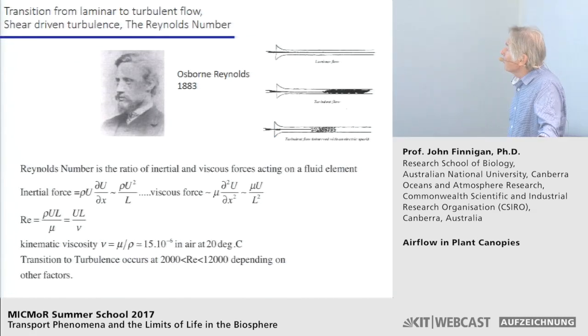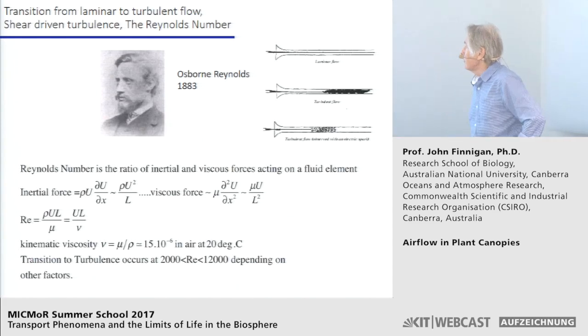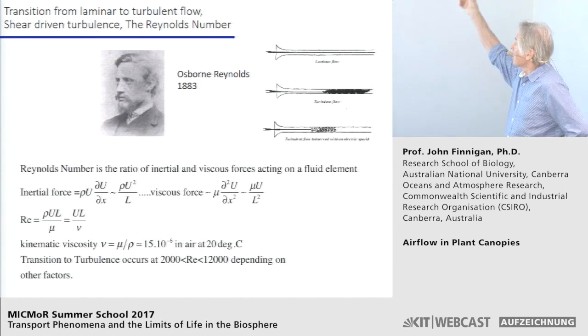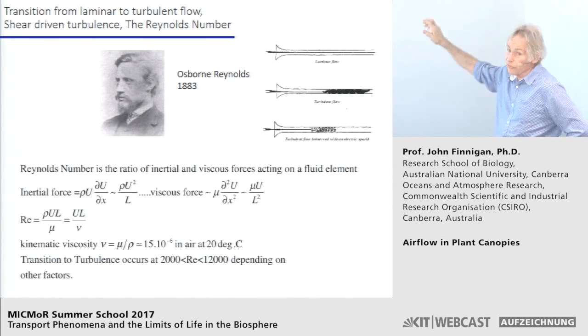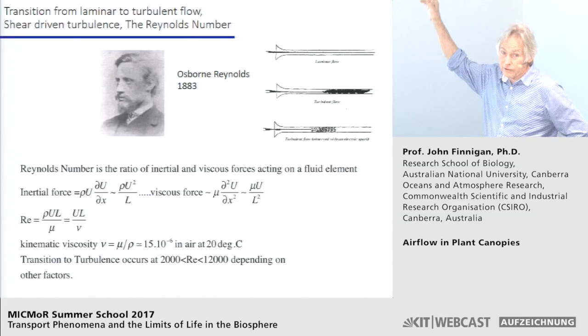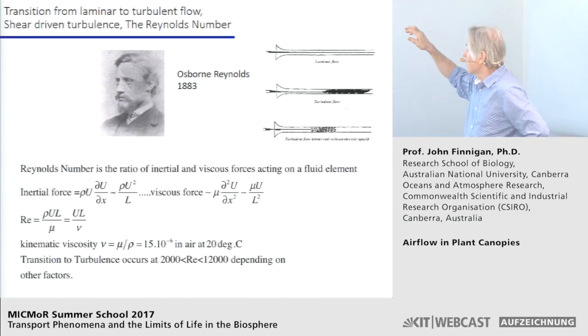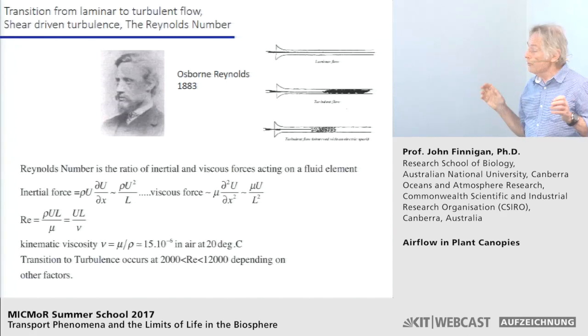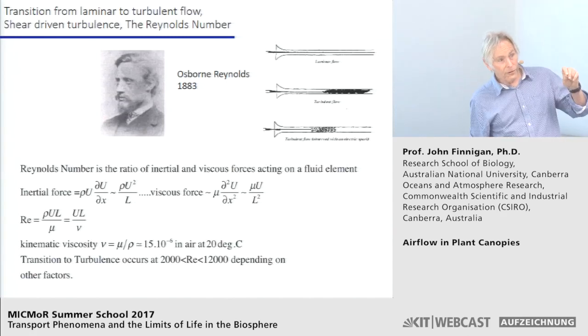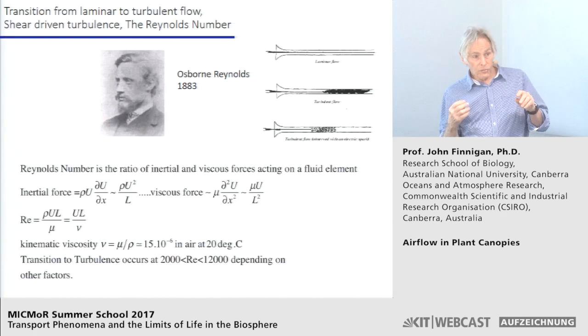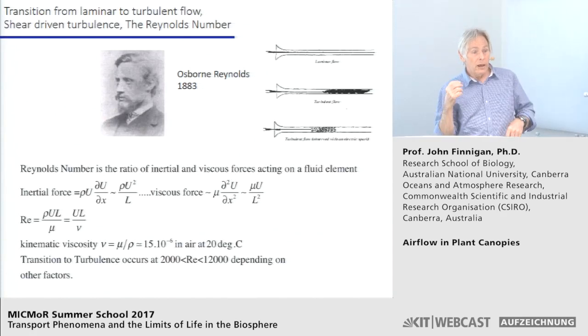And so the first proper descriptions of turbulence were down to Osborne Reynolds, who did a series of experiments in 1883, and he had a tube, I think it was liquid flow, and the tubes were actually vertical. They're usually portrayed on their sides, and he put in a stream of dye in this liquid flow and looked at what happened to that stream of dye as he increased the flow speed.